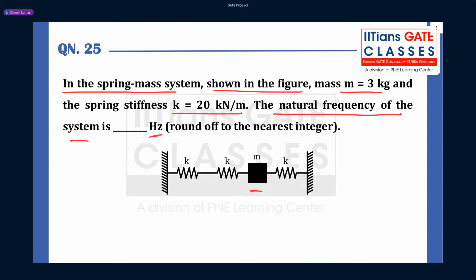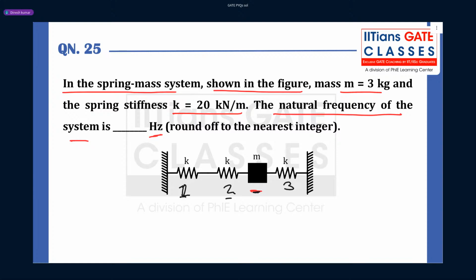Suppose this spring is the first spring, second spring, and third spring. Now tell me guys, are springs 1 and 2, with respect to this mass, in parallel or series?